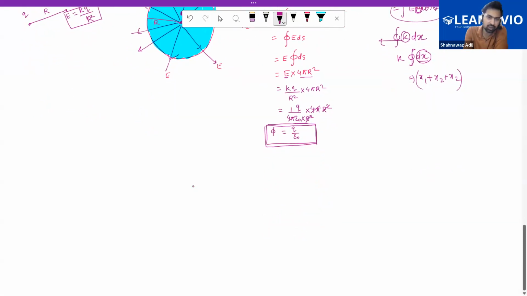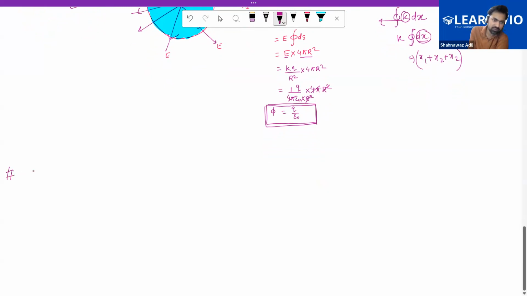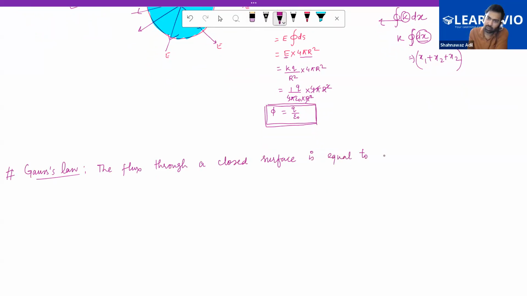Okay, so this is what we call the flux. This is what we call the Gauss law. So what is the Gauss law? It states that the flux through a closed surface is equal to 1 by epsilon naught times the charge enclosed by the surface.